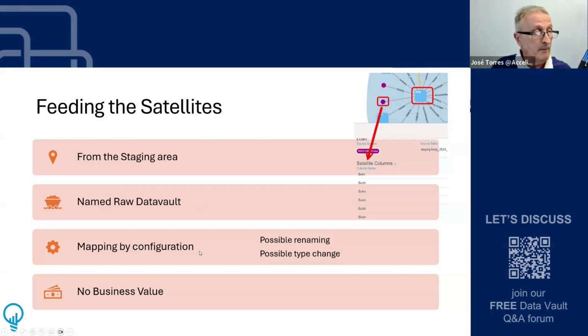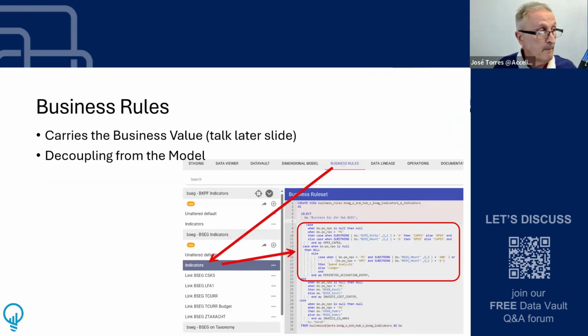And it is mapping by configuration, and in the configuration it is possible to change type and rename columns. This step has no business value at all, it is only technical. This is the kind of code that can be automated.